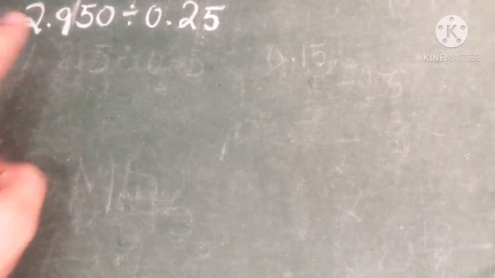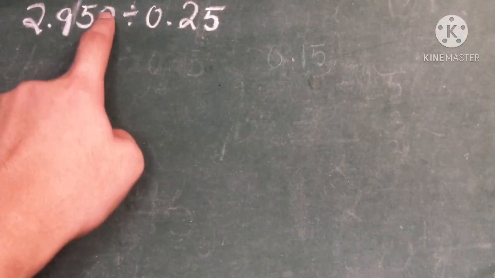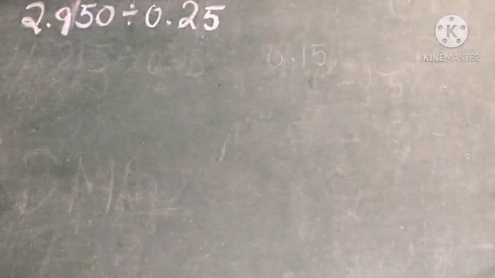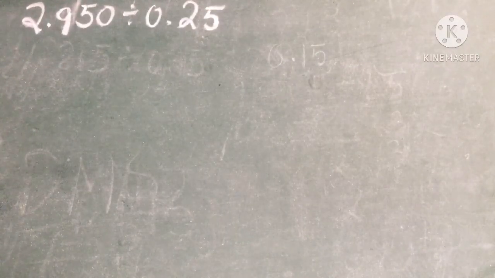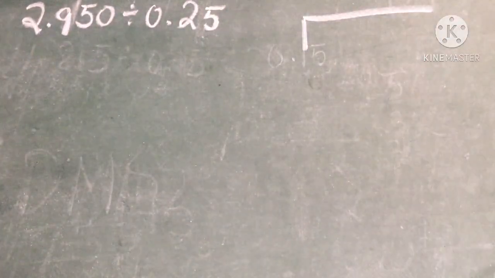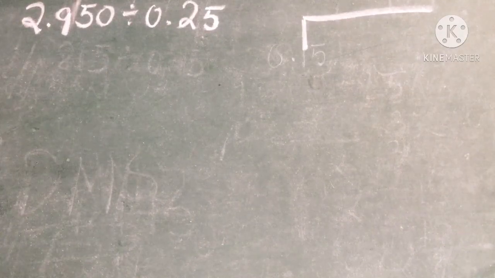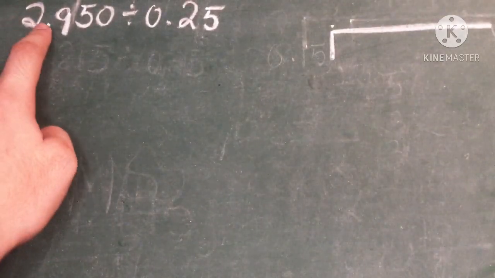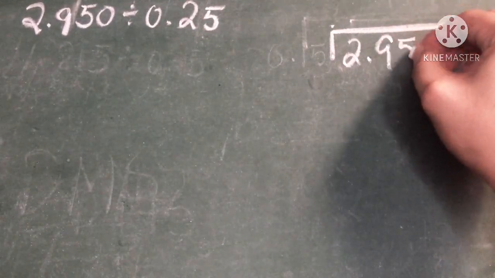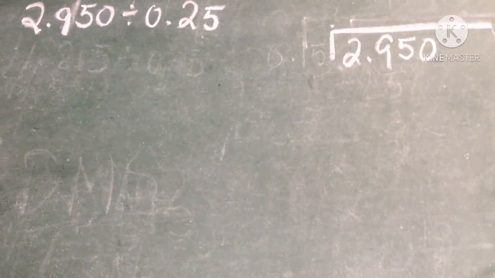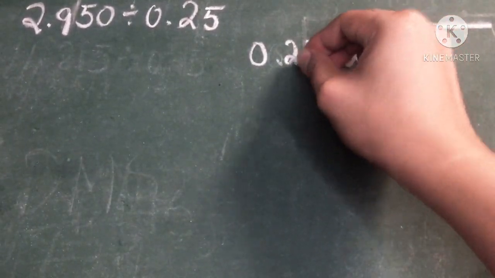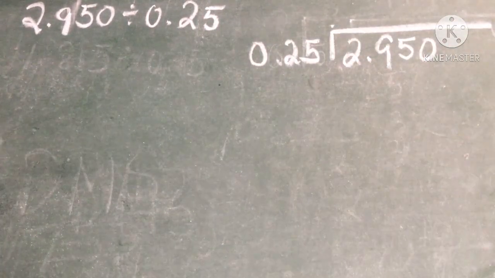Now we have here 2 and 950 thousandths divided by 0 and 25 hundredths. So first, ayusin muna natin right here. Our dividend here is 2 and 950 thousandths, and our divisor is 0 and 25 hundredths.